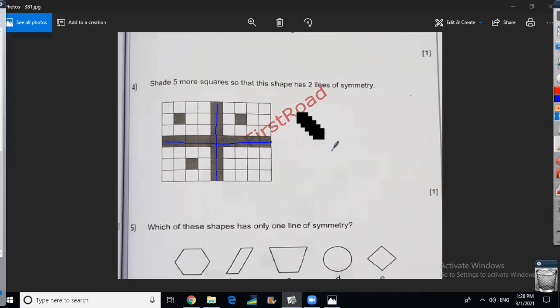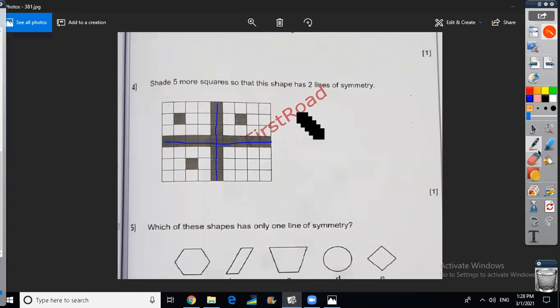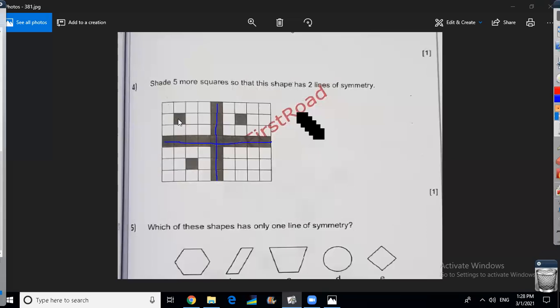So here, if I say to you that this line of symmetry here, this square needs to be reflected through both lines of symmetry. So this here needs to be reflected through this line of symmetry, the vertical one, and needs to be reflected also through this, which is the horizontal one.